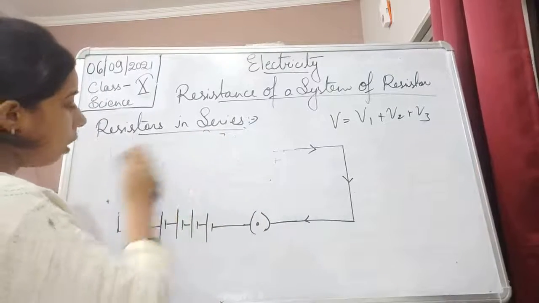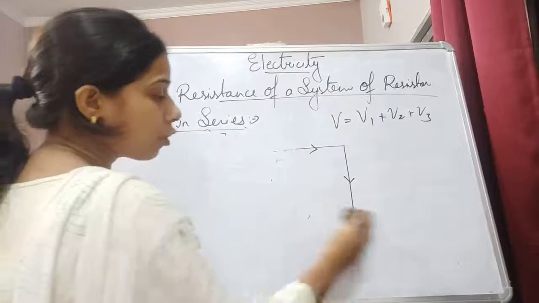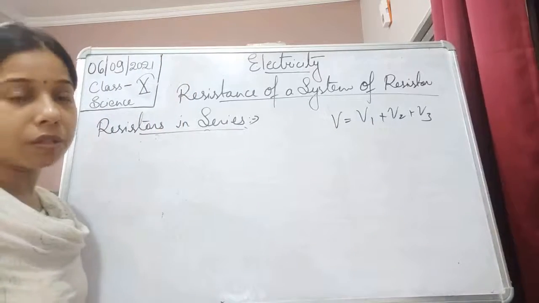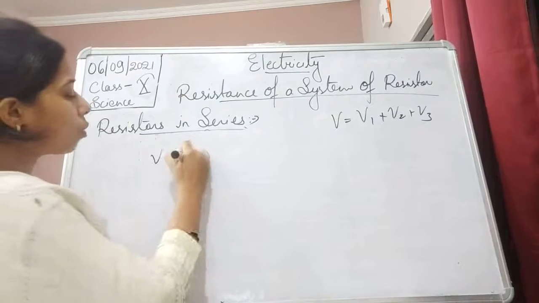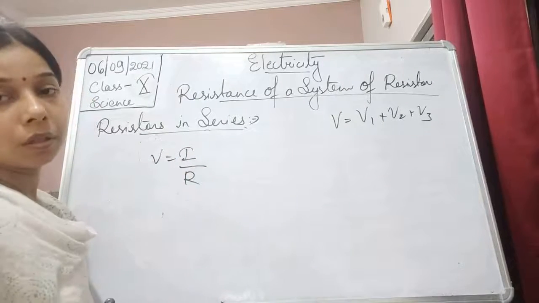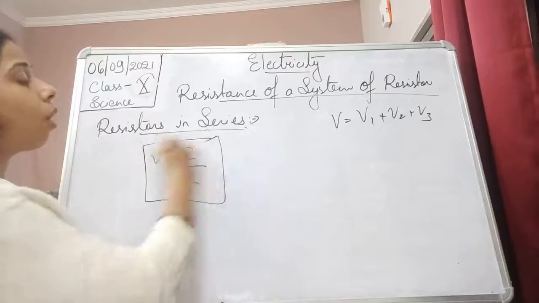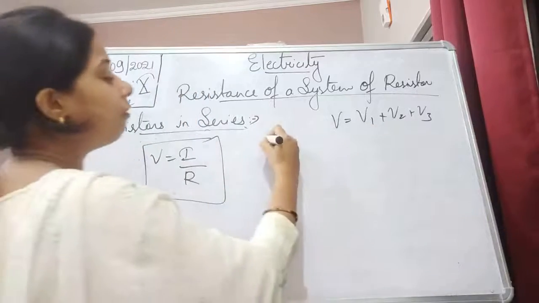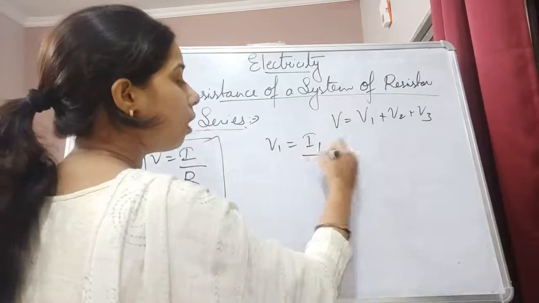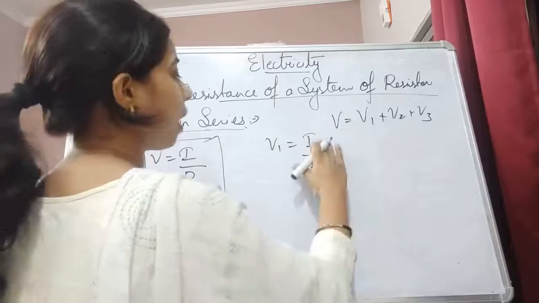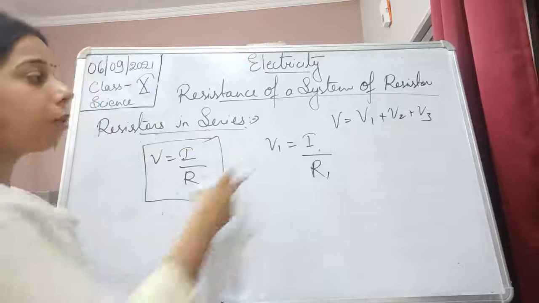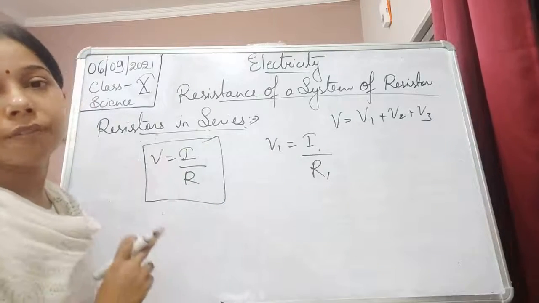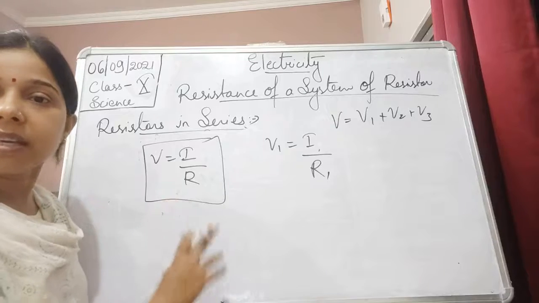We know that the potential difference depends upon the current and the resistance, so V will be equal to I times R, according to Ohm's law. Applying the same law to each voltage, V1 is equal to I times R1. Why is it so? Because I remains the same. The same amount of current flows through it when it is arranged in series.